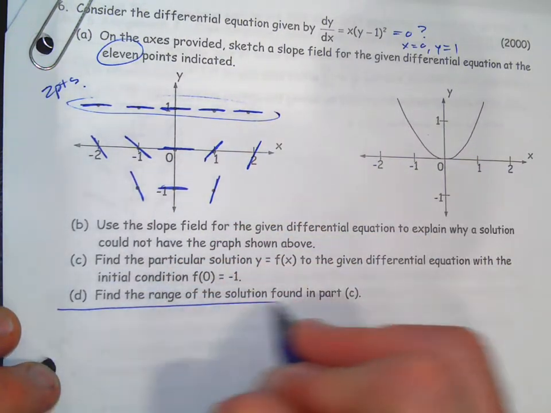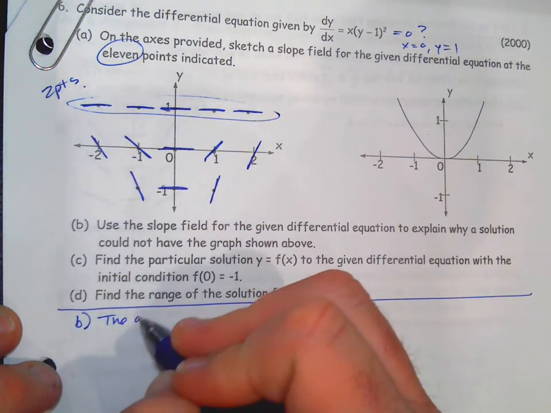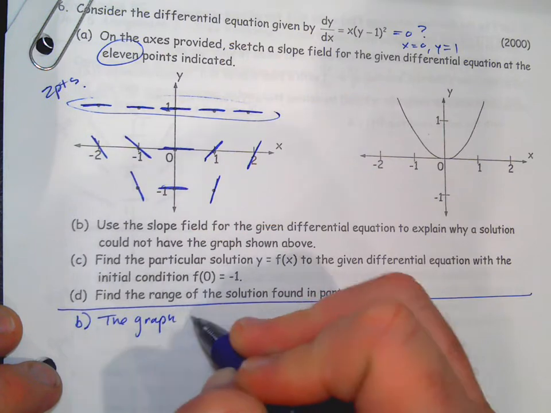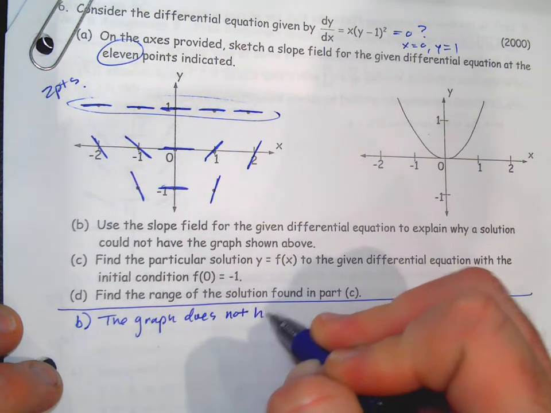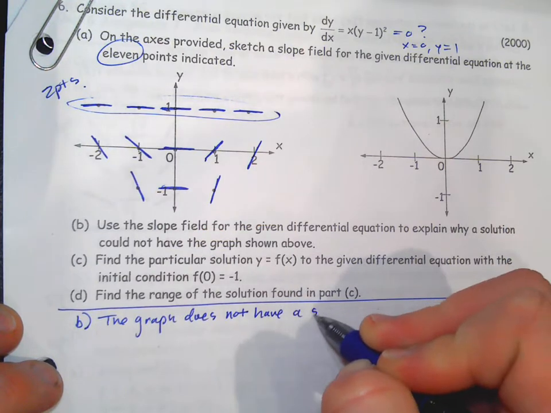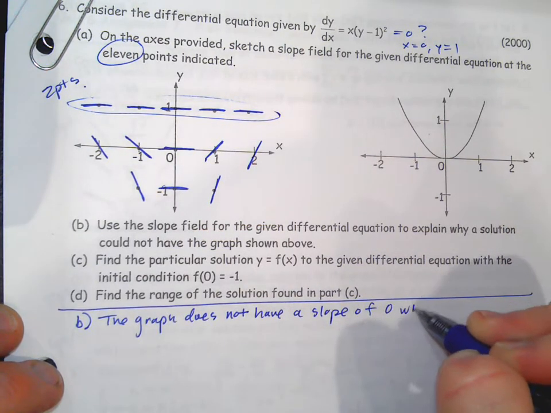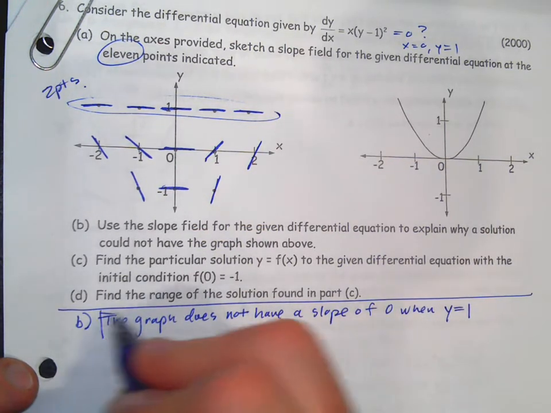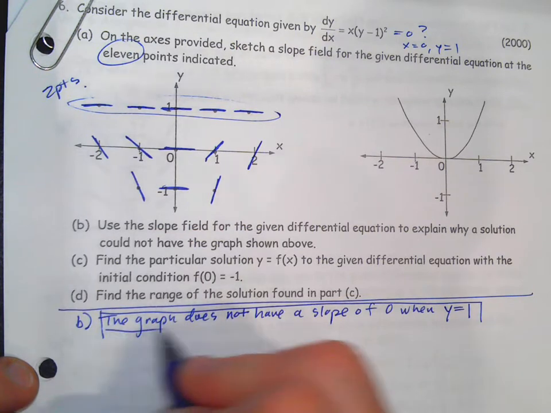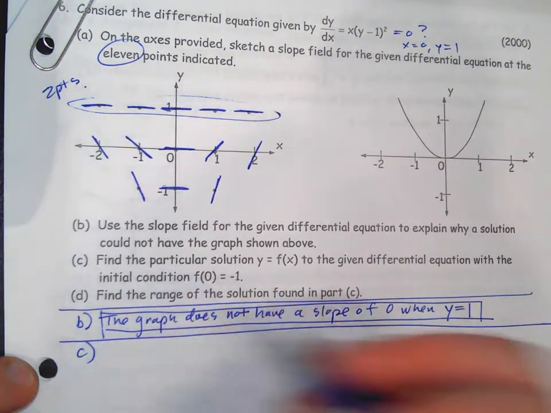So something along those lines: the graph does not have a slope of 0 when y equals 1. That's kind of the easy thing to point out that's clearly wrong with it.